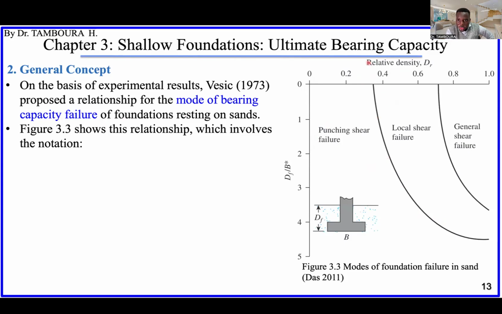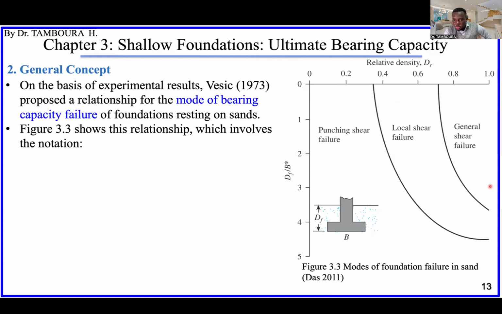You can see here, this is relative density, and this one is the depth, Df, the depth of the footing from the ground surface to the base of the footing, which is normalized by B. B is here, the width of the footing. So it shows in which zone you will have punching shear failure, local shear failure, or general shear failure.